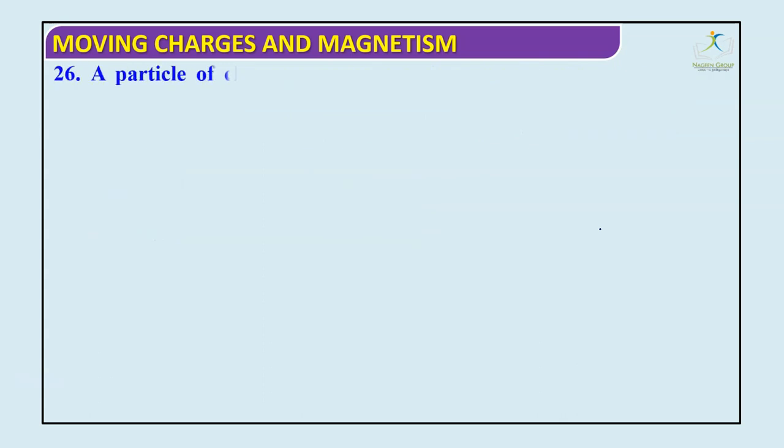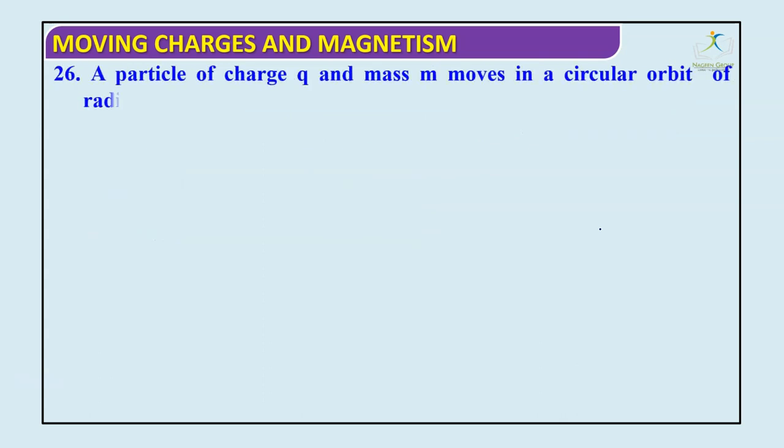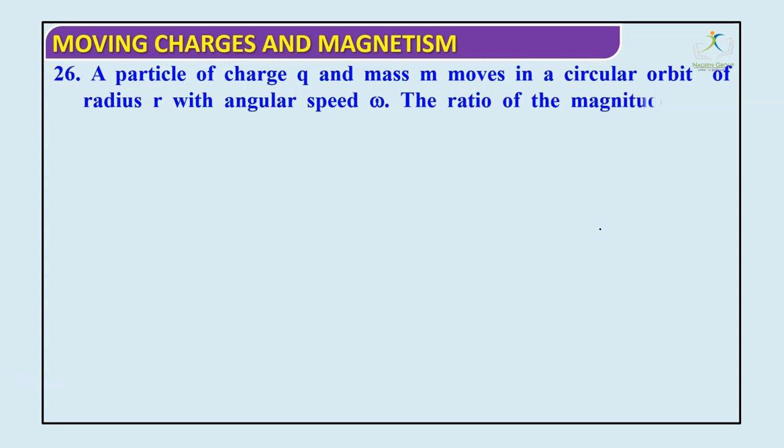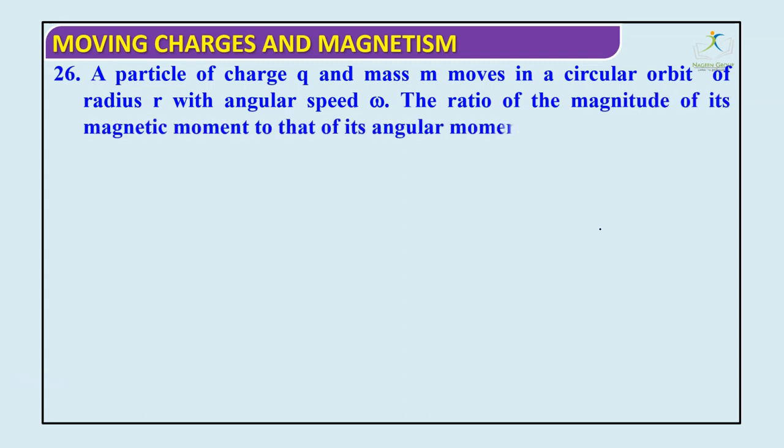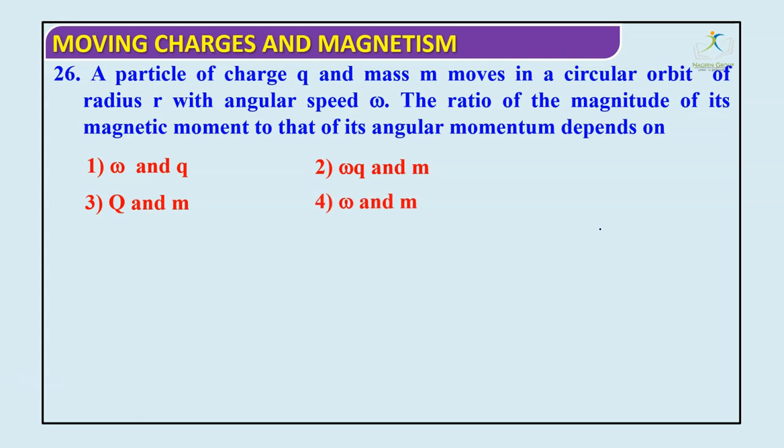Next we have a question. A particle of charge q and mass m moves in a circular orbit of radius r with angular speed omega. The ratio of the magnitude of its magnetic moment to that of its angular momentum depends on omega and q, omega q and m, q and m, or omega and m.